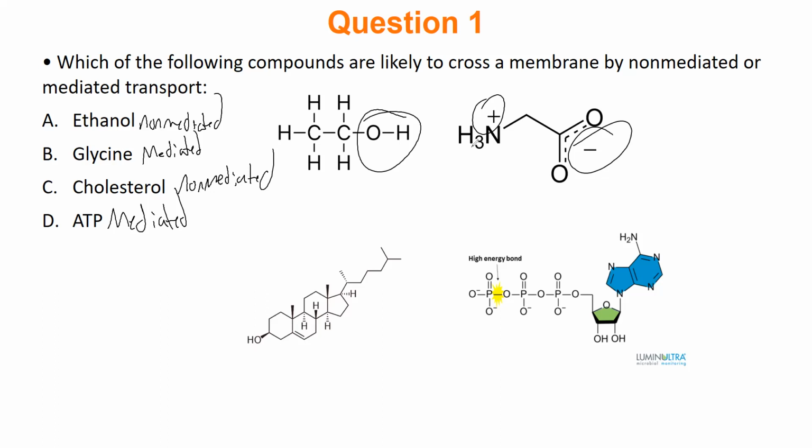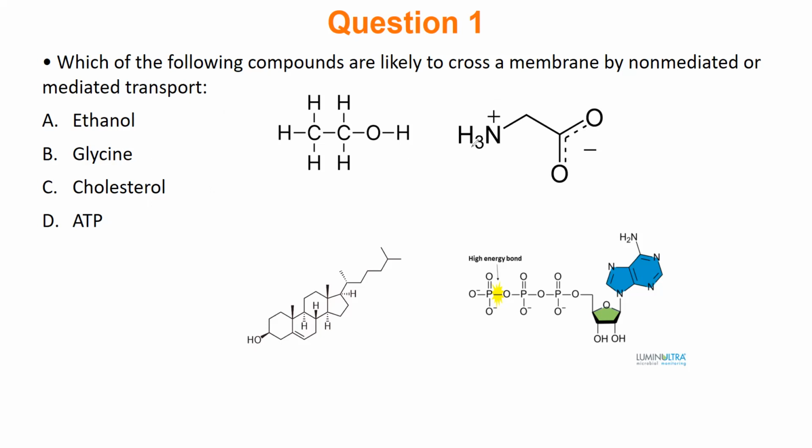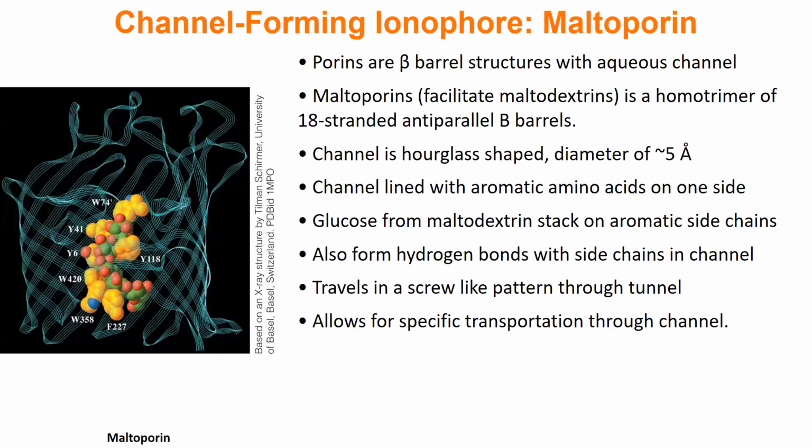All right, let's move on then. So let's look at some of these ion-4s in more detail, just to see how specific they are for the molecule they are bringing across. First, we're going to look at multiporins. A multiporin is a beta barrel membrane protein. So you can see the beta sheets forming the barrel.